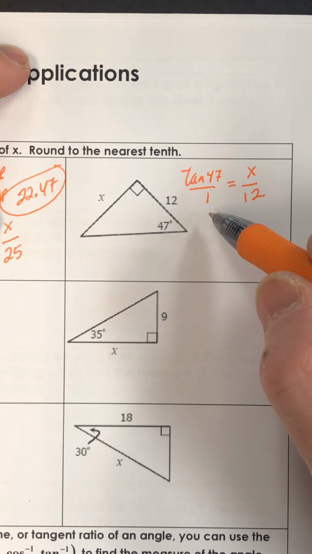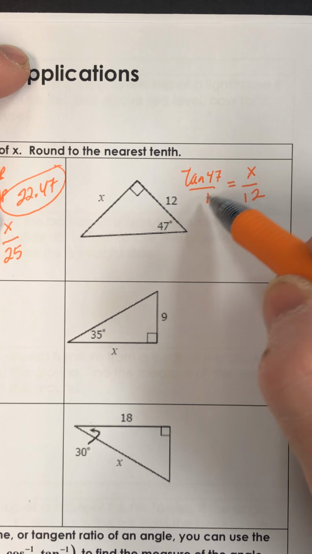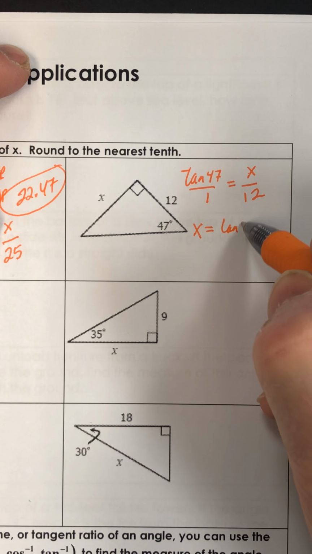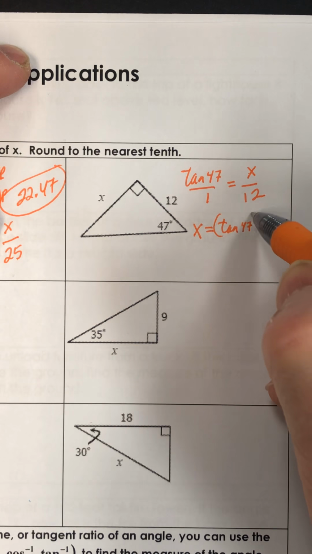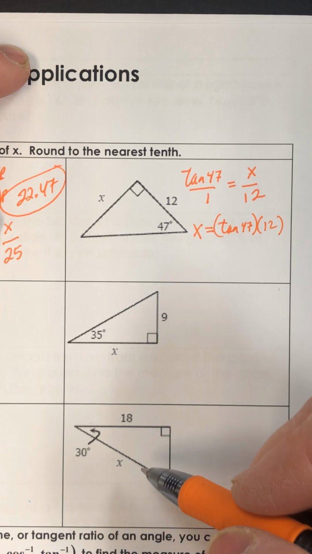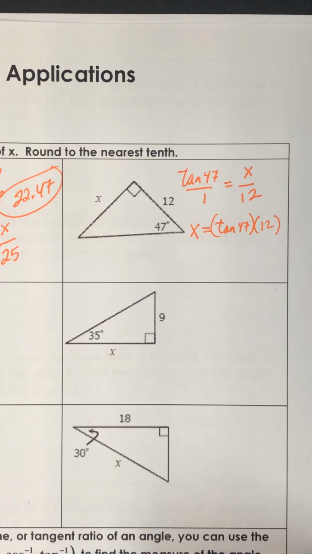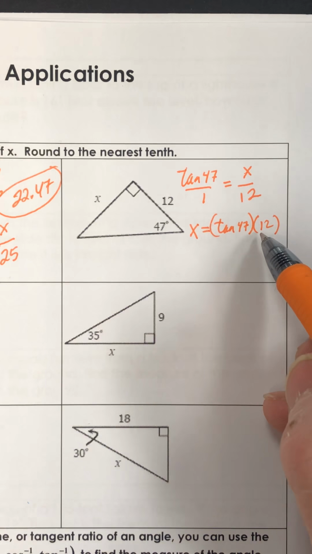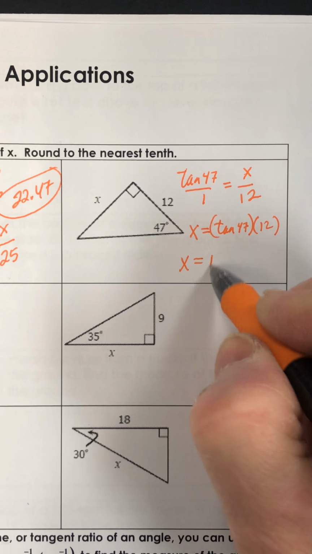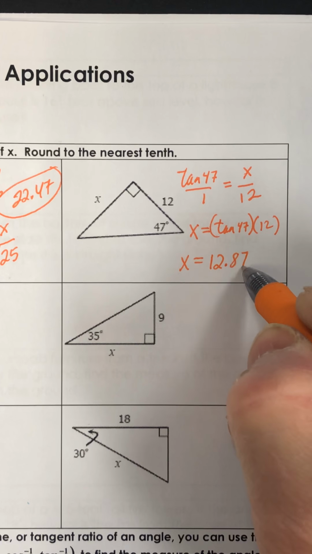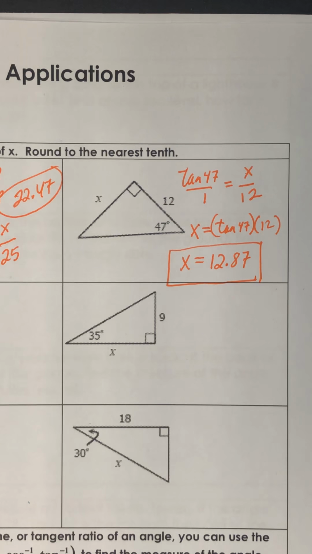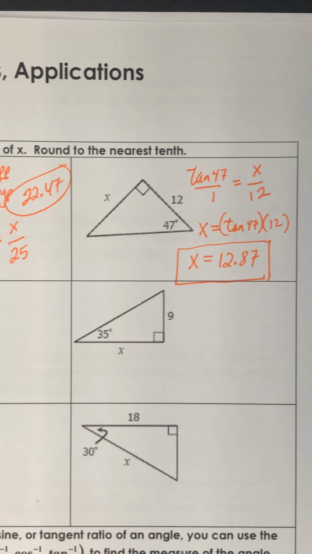If I cross multiply, I'm going to have x times 1 is x, tangent of 47, I'm going to do that as one group first, then times 12. So the tangent of 47, I times it by 12, and I should get 12.87. So do that on your calculator. Make sure you get the answer that I get. If not, check and make sure you're in degree mode.